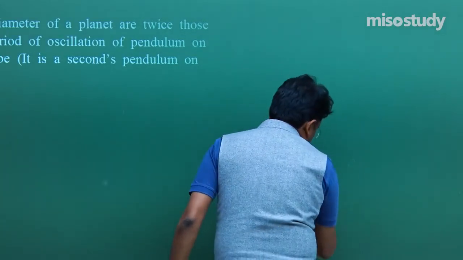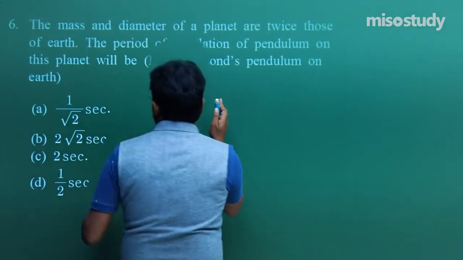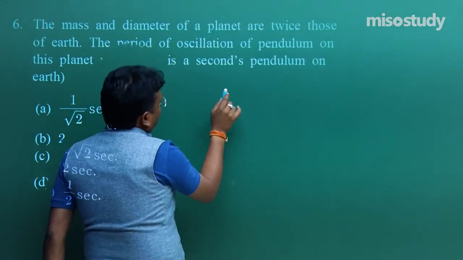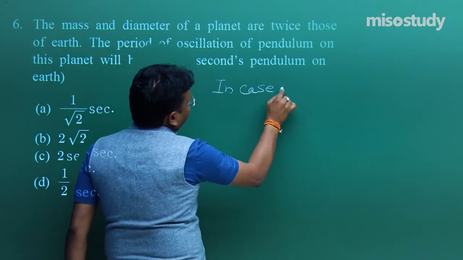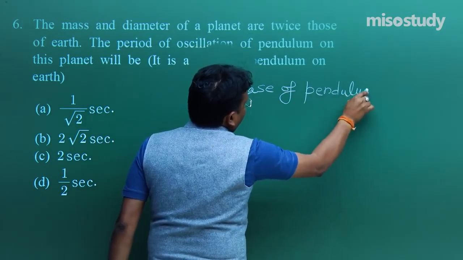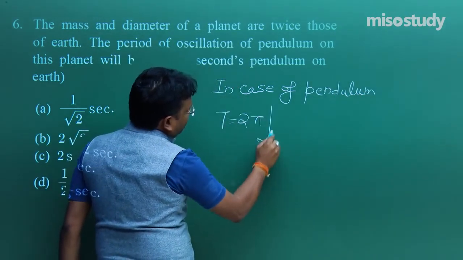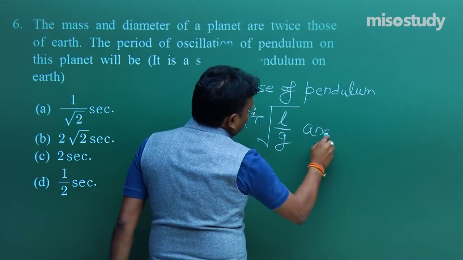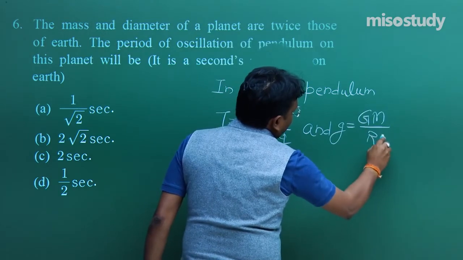First, I would like to mention a few lines. And here I am writing, so you can read it in continuation with the question also. Do not worry, I will move out. In case of pendulum, T is equal to 2 pi under root L upon g and g is equal to GM upon R square.